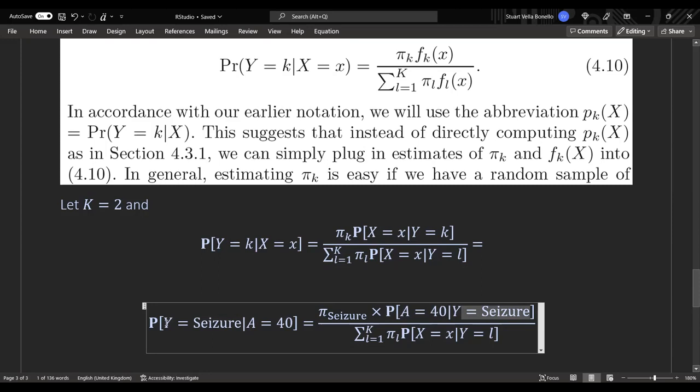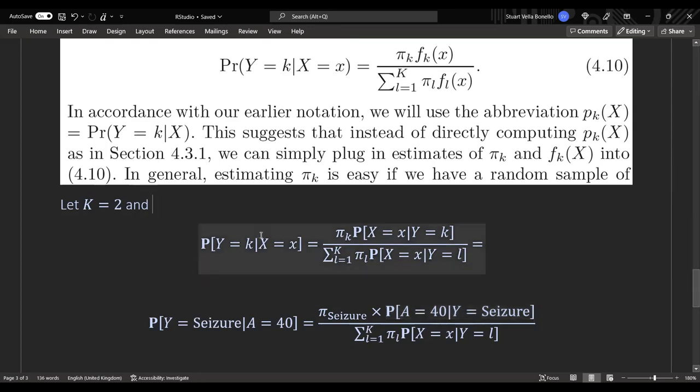So this is the probability of being admitted with a seizure if you're 40, and that is the probability of being admitted at age 40 if you had a seizure. Now, how are we going to get these probabilities? And this is why maybe you're asking about sample size. We'll have to continue reading on.